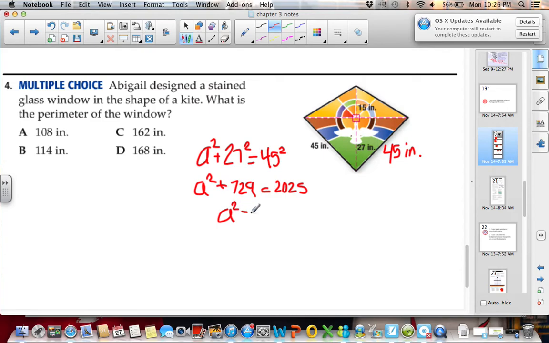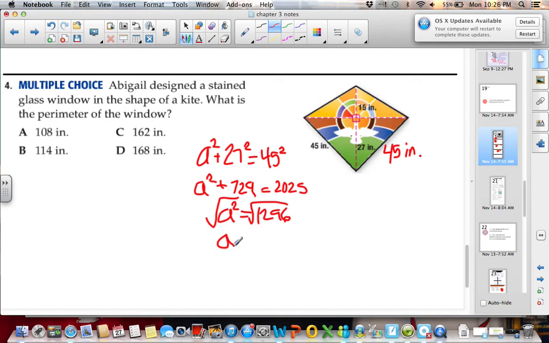A squared then equals 2,025 minus 729, and we get 1,296. Take the square root.